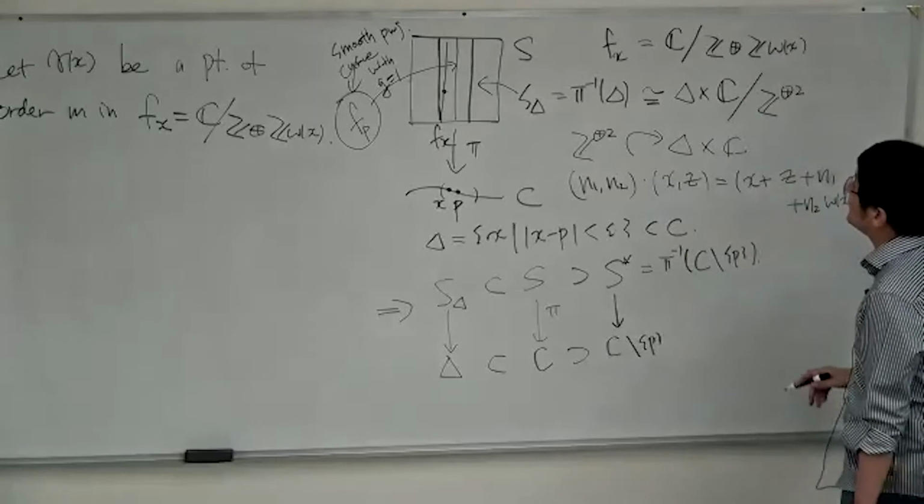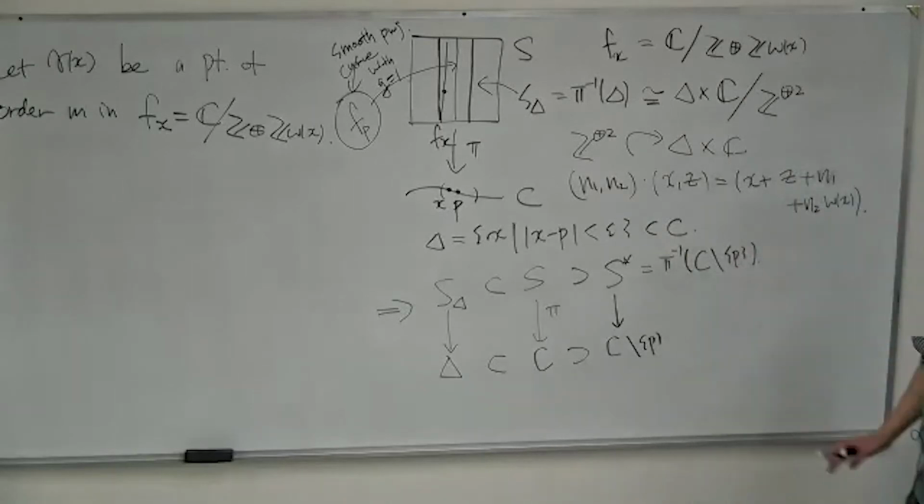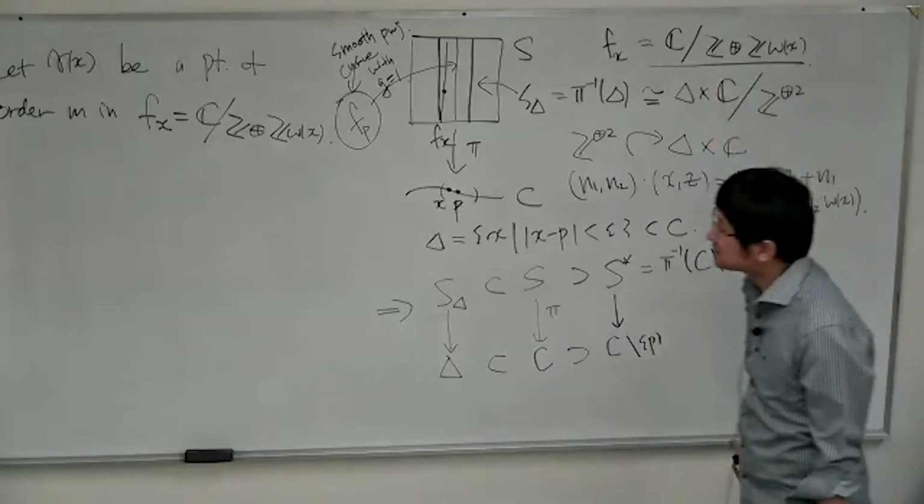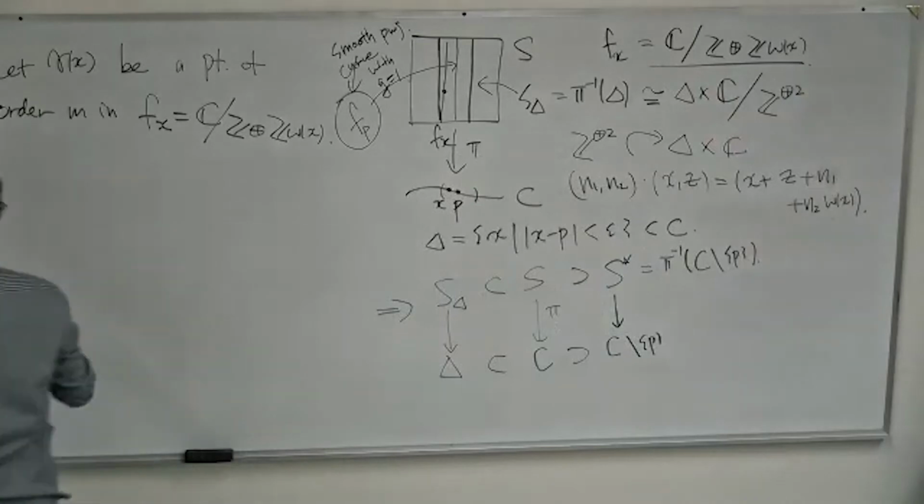You're not saying the integration is locally trivial. Yeah, there's no guarantee there. In general, it's not true. So the fiber can vary, but I can control this fiber in this way. Thank you very much for the question.